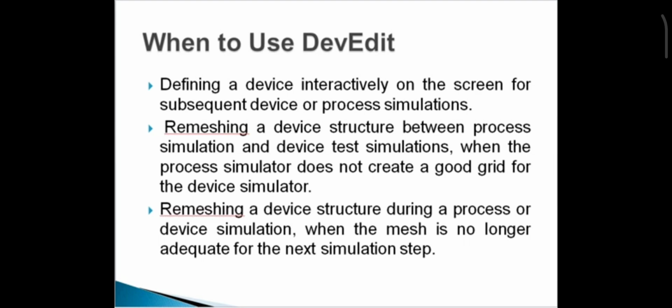Third, remeshing a device structure during a process or device simulation when the mesh is no longer adequate for the next simulation step. The benefit of using DevEdit is that we can remesh a device structure during process simulations. If you find that there is some problem in the meshing, you can change the meshing during the process simulations.